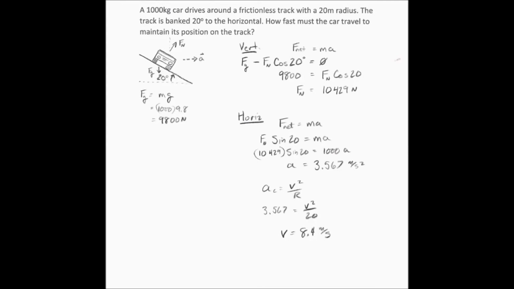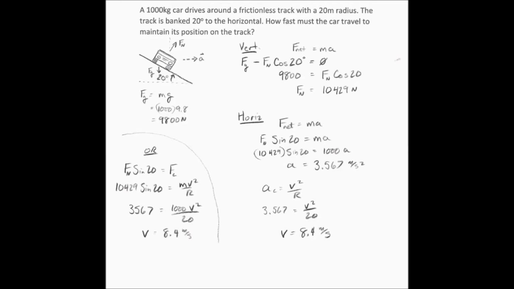Now, another way we could have done this is rather than solving for a, we could have said Fn sine 20 just equals our centripetal force. Technically, the net force is a centripetal force, right? And vice versa. If something is traveling with the centripetal acceleration, acceleration and net force go together. That's Newton's second law, F net equals ma.